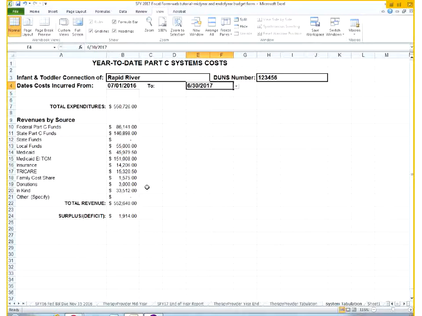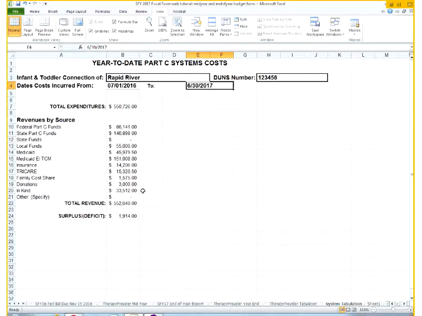And that's important because we don't want duplications here. If you report information in your actual fiscal form that is reported on your therapy tabulation, it's going to throw these numbers way out of sync, and it's not going to be an accurate reflection of what the expenses are for your local system. So ensure that that information is correct.